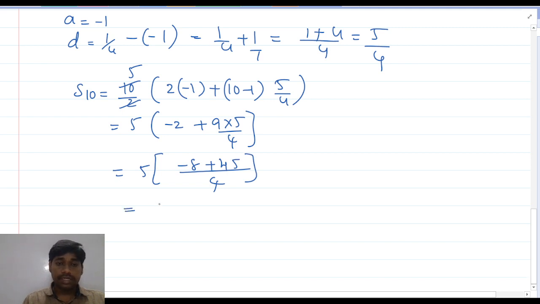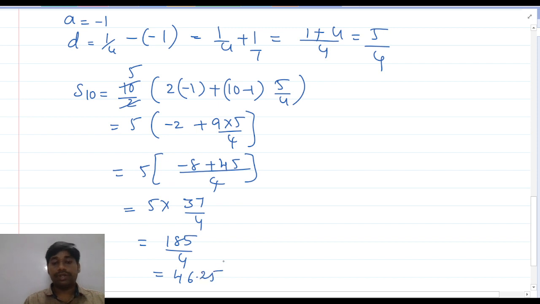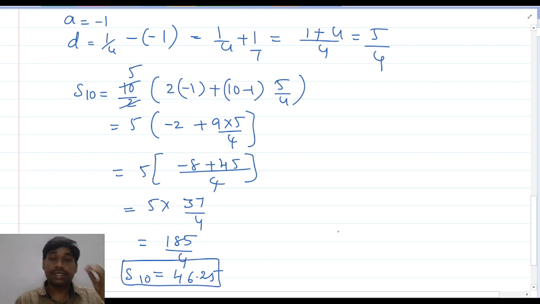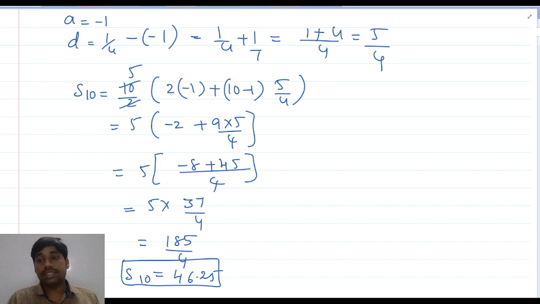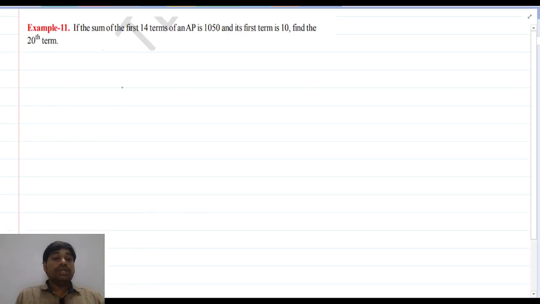So if you subtract 8 from the 45, you will get 5 into, we are getting 37 by 4, which is 185 by 4, simply 46.25. Okay, so sum of 10 terms of the AP is nothing but calculated with the help of this formula as like this. Okay, next some of the example questions are there.